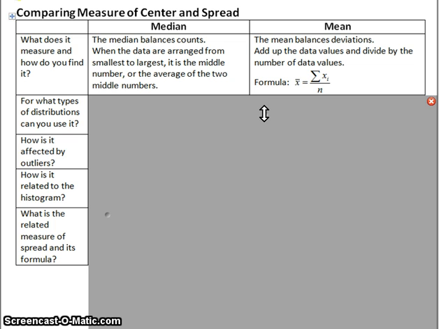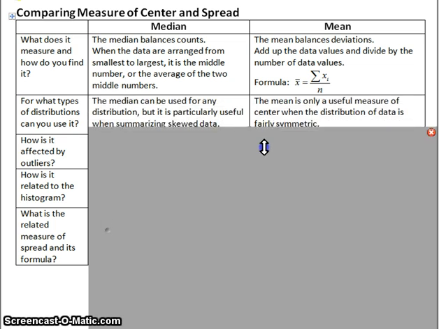For what types of distributions can you use the median and the mean? The median can be used for any distribution, but it's particularly useful when summarizing skewed data. A good example is when you're talking about median home values in an area. Maybe you have a lot of homes of certain values, but you always have those few really, really expensive homes, like some mansion that's worth $5 million or something.